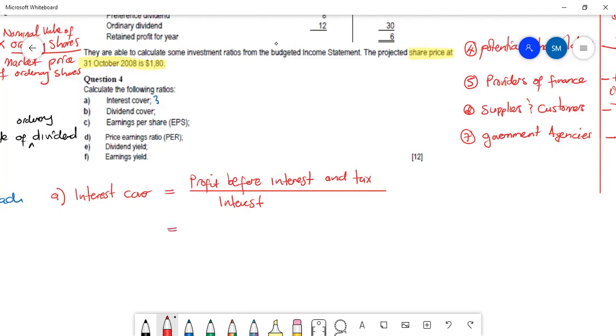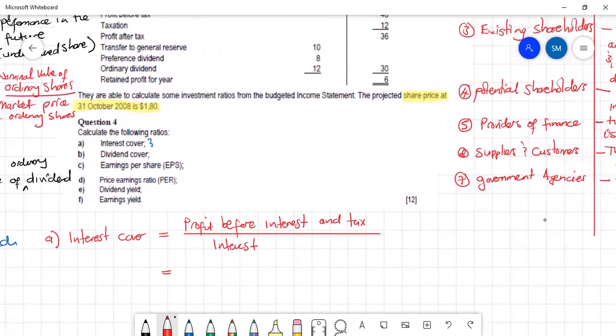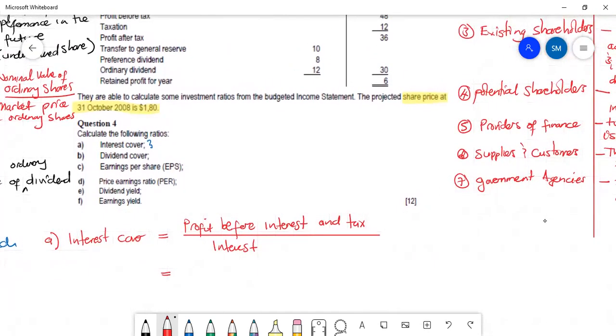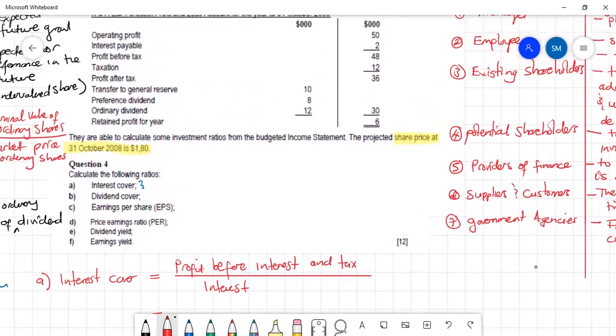So it's simply taking what we are given in the question. What is our profit before interest and tax?